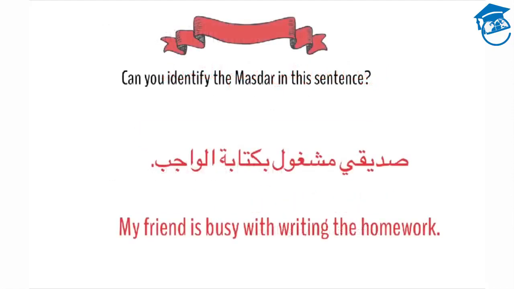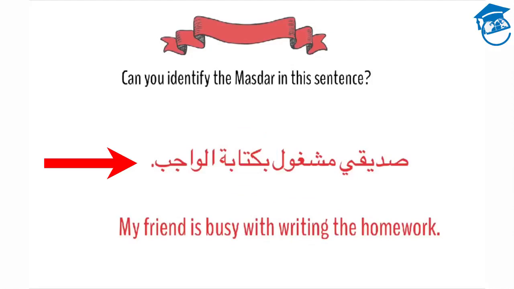Can you identify the masdar in this sentence? صديقي مشغول بكتابة الواجب. Listen again as I read the sentence to you. صديقي مشغول بكتابة الواجب. Yes, the masdar is kitaba. Kitaba means writing.